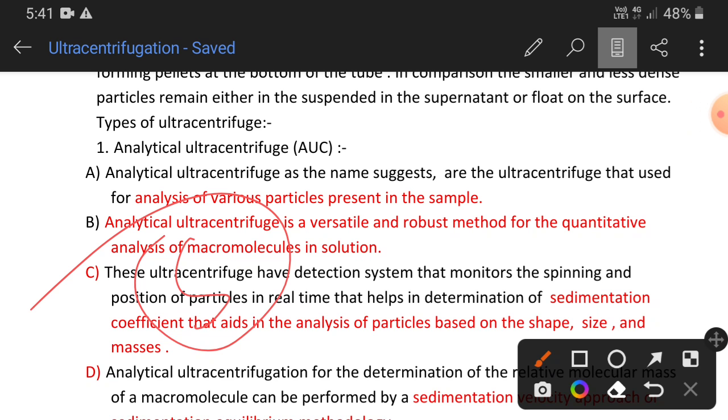How? Sedimentation coefficient can tell us about the hydrodynamic property of the particle. Sedimentation coefficient can also characterize the changes in size and density when we are changing the experimental condition.